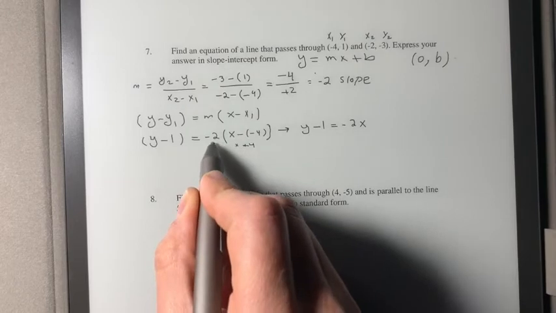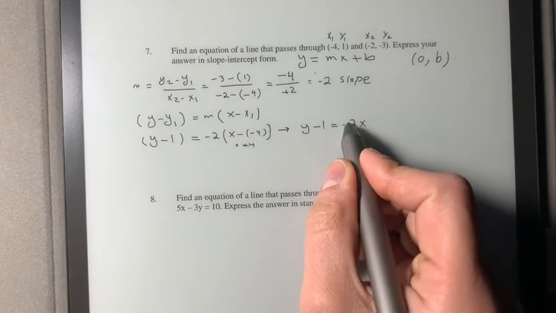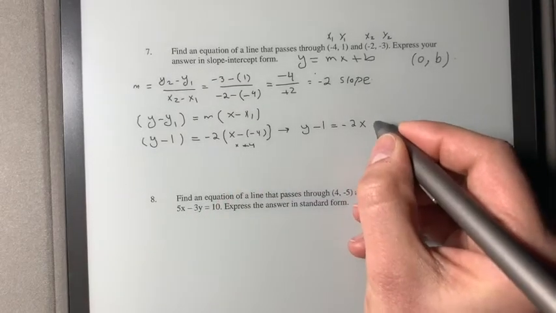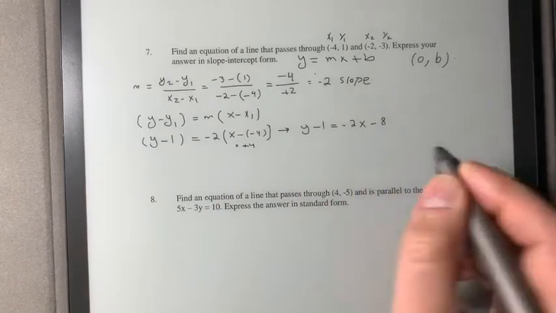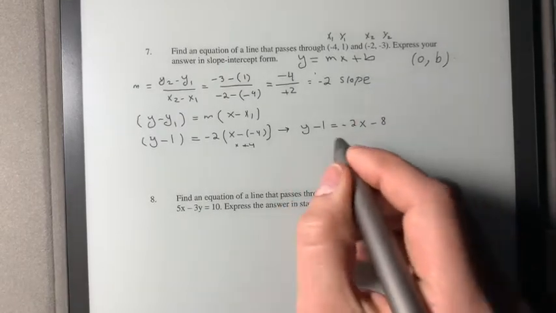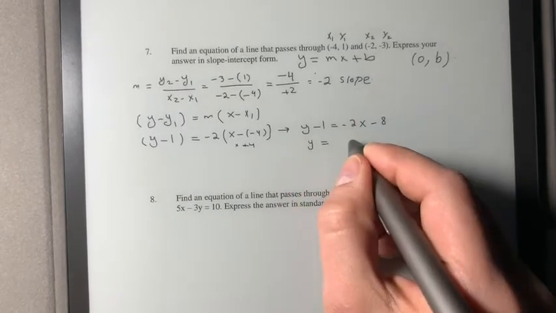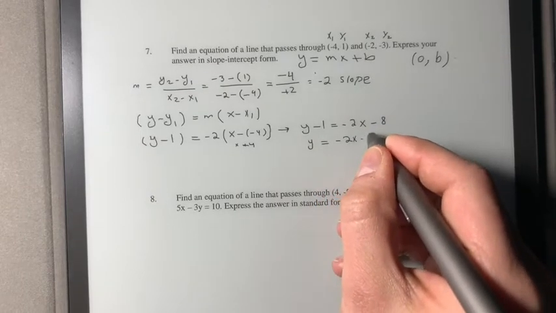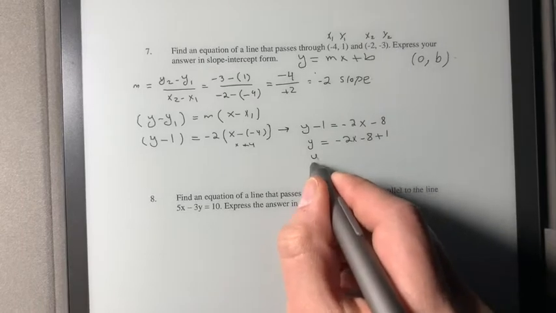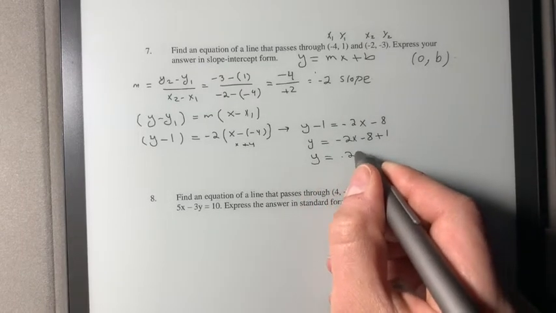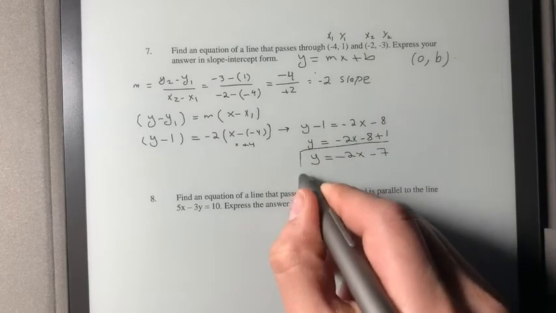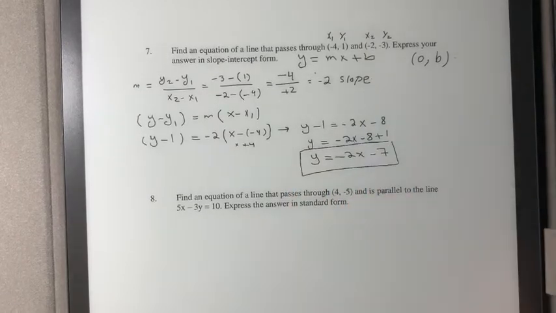If I multiply -2 to this x, I have -2x. If I multiply -2 to 4, I will have -8, right? Then I'm going to bring this to the other side. Adding 1 to both sides gives us y equal to -2x minus 8 plus 1, right? And then I will write y is equal to -2x minus 7. And this is the equation of the line for us.